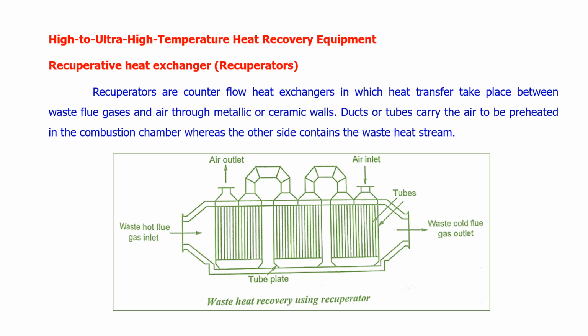The air is coming in and going out, transferring the heat. Waste cold flue gases outlet is there, waste hot flue gases inlet. When the hot flue gases come in, it will be hot. When it leaves, it will be cold. That is obvious. That means heat transfer took place. So this is called waste heat recovery using a recuperator, that is, a heat exchanger.